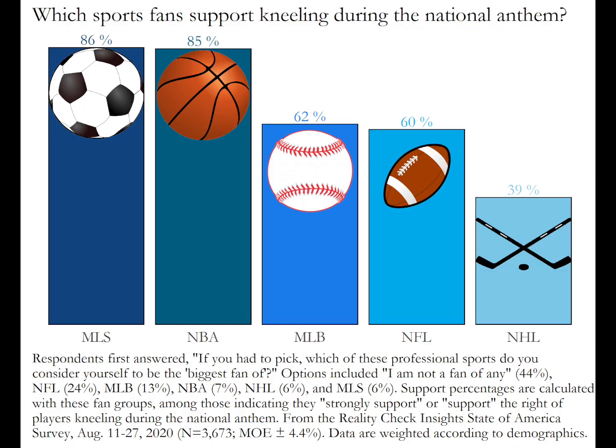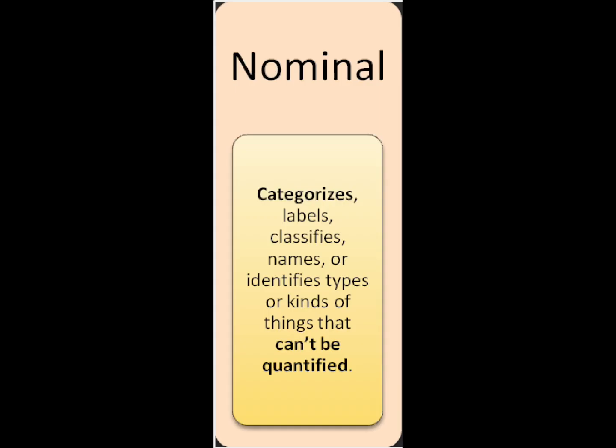If you were to ask someone what their gender was, they would respond with a word rather than a number. If you asked someone their eye color, they would say brown, blue, green. Again, those are words, not numbers. So the key thing to remember about nominal data is that it's data collected in words or categories or types, not numbers.